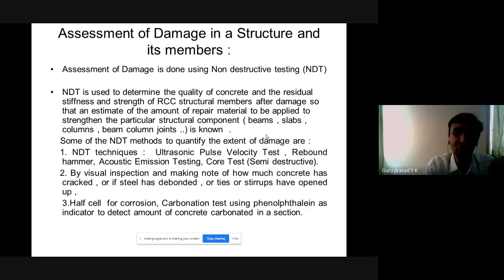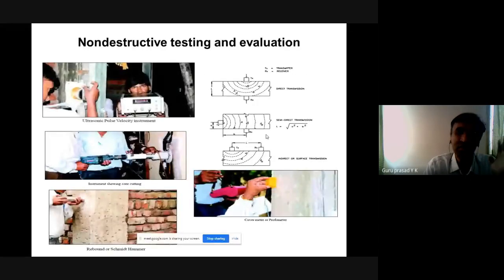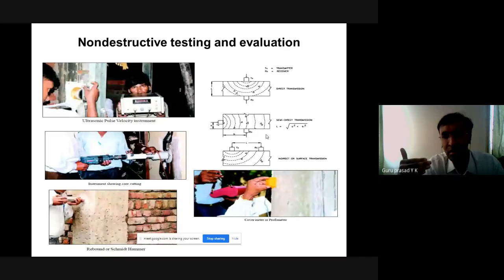And the use of profometer for finding the spacing of the reinforcement in the reinforced concrete member, as well as an average diameter of the reinforcement which is present, and it also gives you an idea of the concrete cover which is provided, because the profometer is also called a cover meter. It can be used for finding the reinforcement spacing, average bar diameter, as well as the concrete cover.